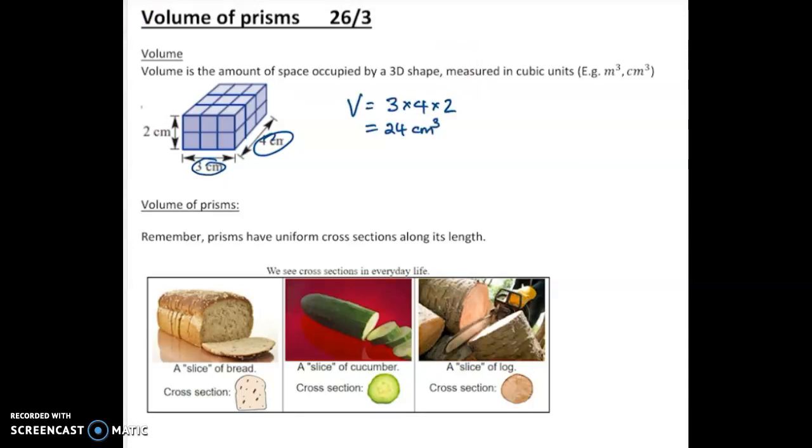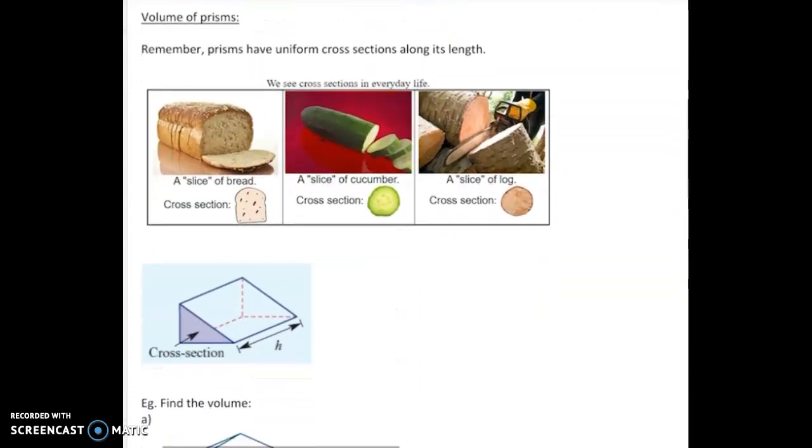Okay, so let's look specifically at the formula that we can derive for the volumes of any prisms. First of all, let's remind ourselves of what prisms are. So remember, prisms are 3D shapes that have uniform cross sections along their length.